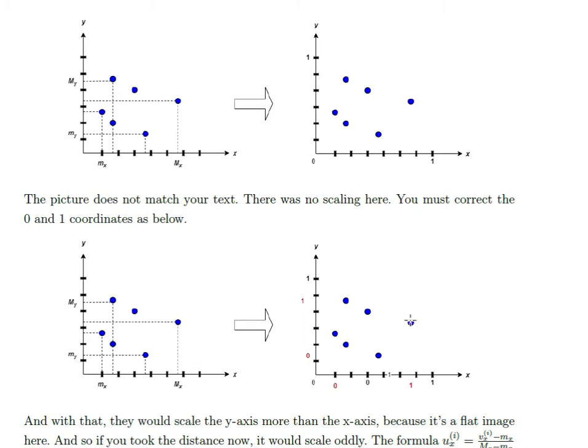The maximum point should stay at 1, which is here, but what she did was there. So it means her scaling factor was wrong. When we do normalization and we want all the points to be between 0 and 1, they must stay at 0 and 1. It means the minimum one must stay at 0 and the maximum one must stay at 1. So this scaling factor is wrong.